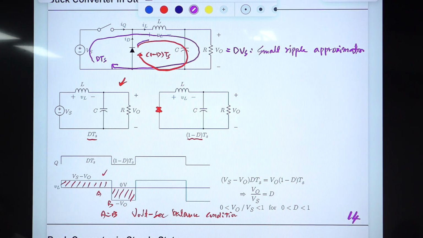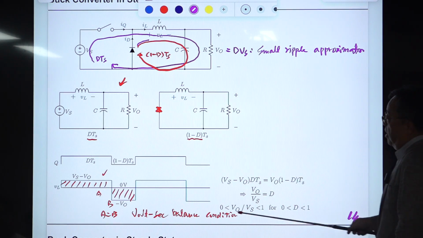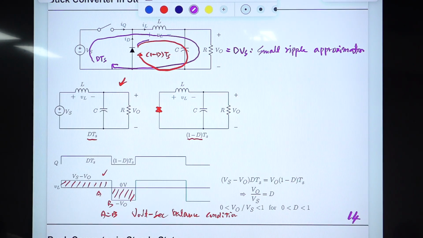This is true because D is some number between 0 and 1, so the voltage gain is between 0 and 1. This is the volt-second balance condition: the area during the on-time period is balanced with the area of the off-time period.